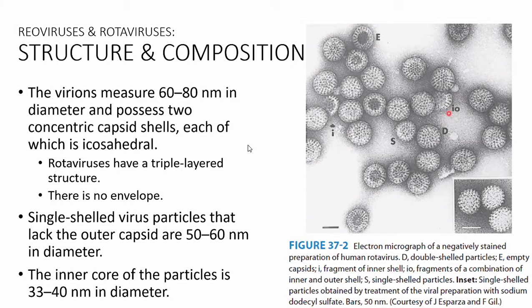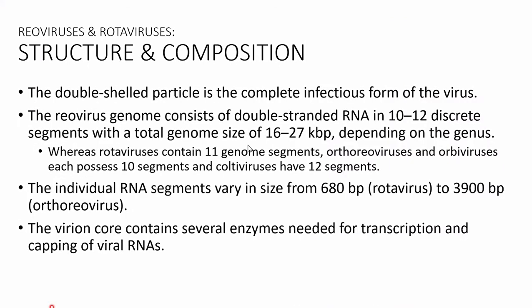So there are two shells for reoviruses. The double-shelled particle is the complete infectious form of the virus.